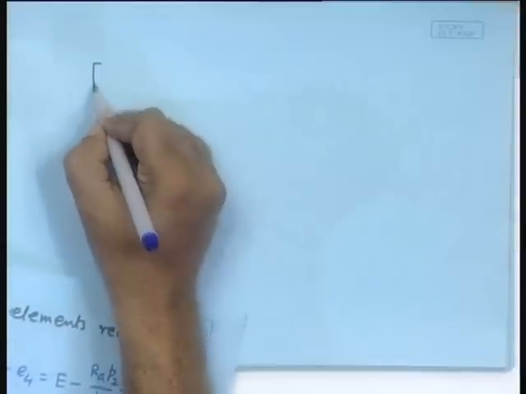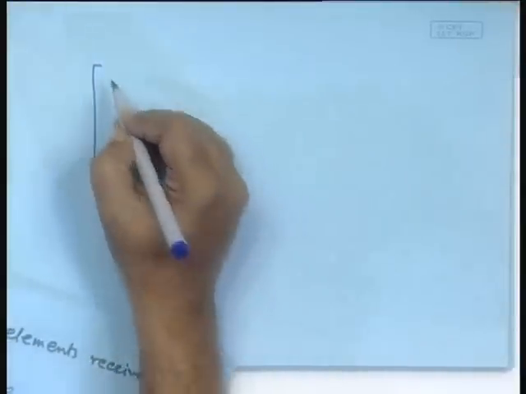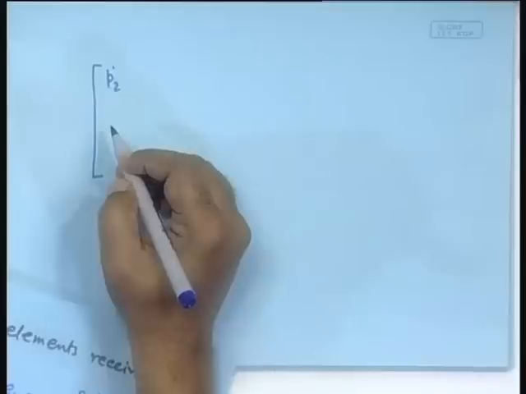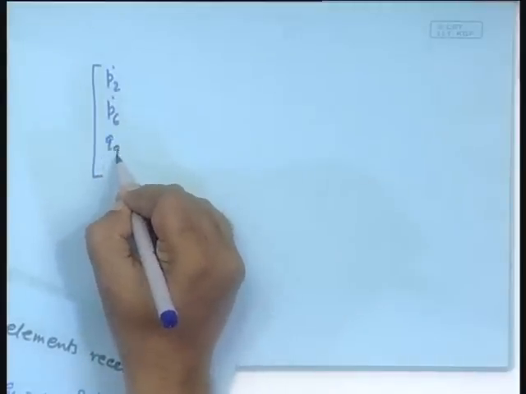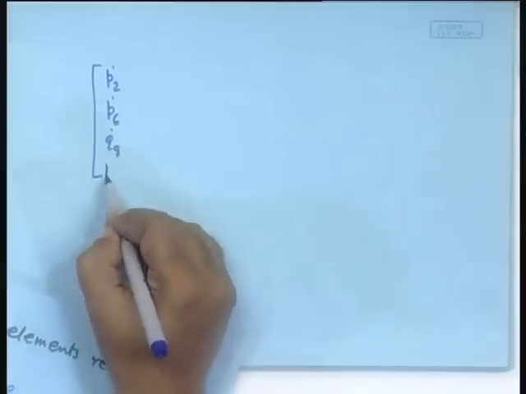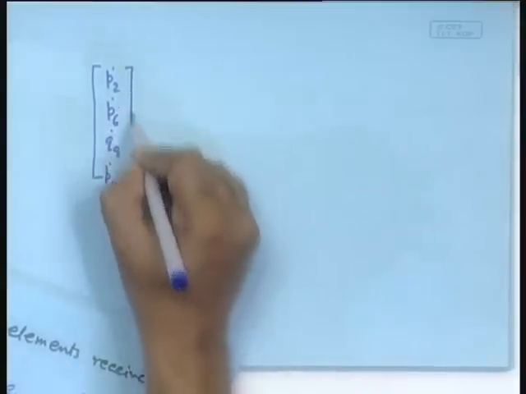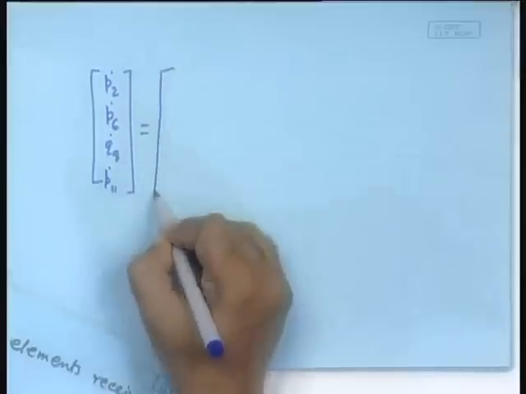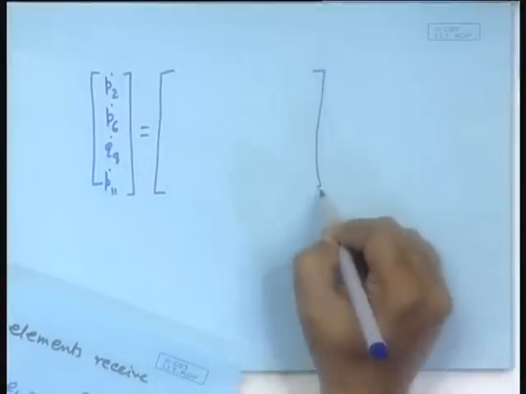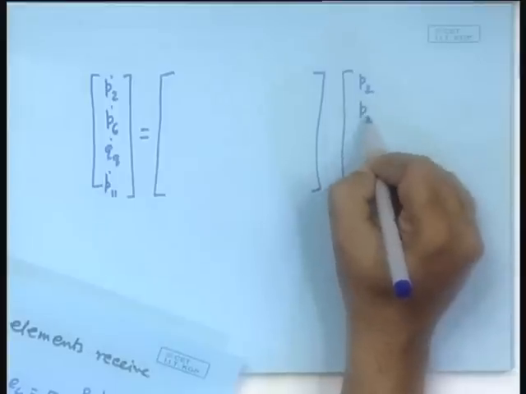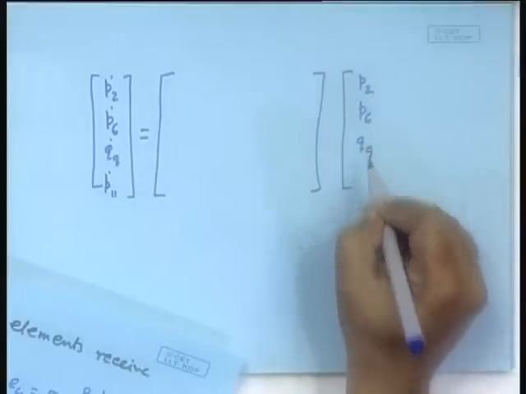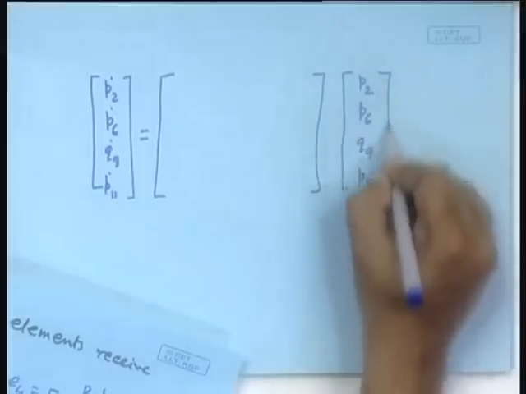So, in this case, this is P2 dot, P6 dot, Q9 dot and P11 dot is equal to some matrix times P2, P6, Q9 and P11, and whatever this matrix is.